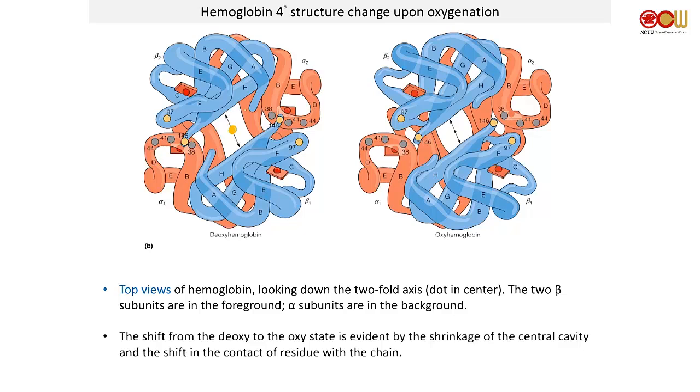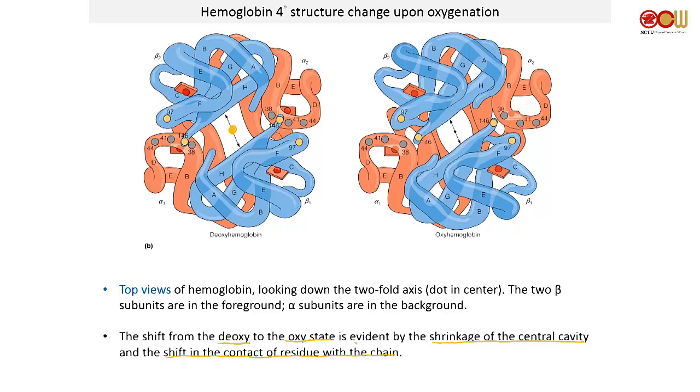What you notice is that you have a slight shrinking of the center. Here, the shift from the deoxy to the oxy state is evident, meaning you can see it by the shrinkage of the central cavity and the shift in the contact of residues with the chain.